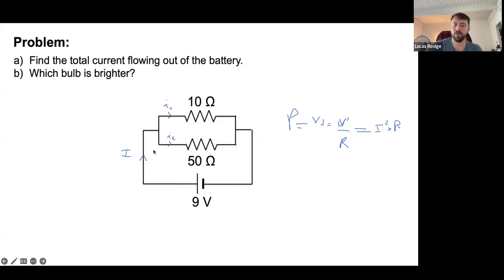We know that the sum of those two is equal to the total current, but then to get the actual current, I1 and I2, we would have to use just Ohm's law on each of those.